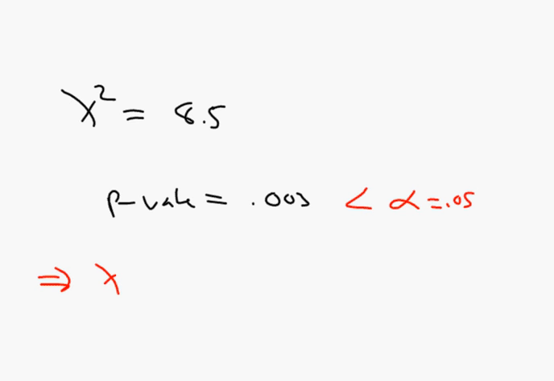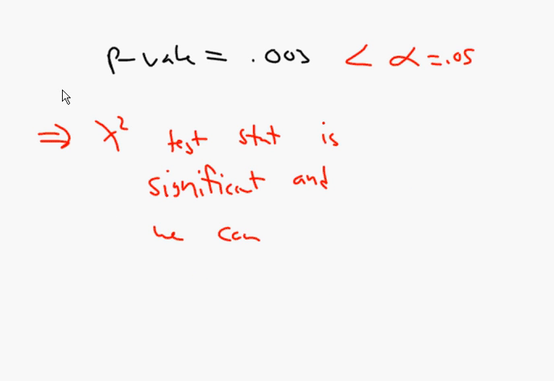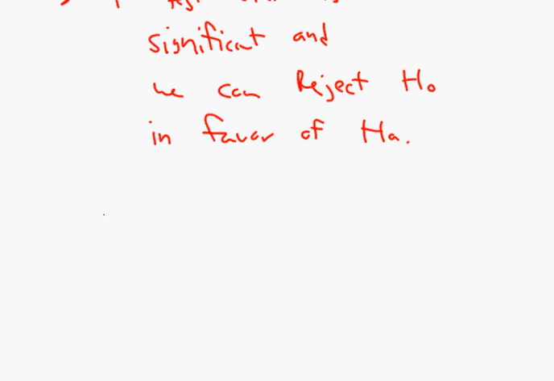So that implies our chi-squared test statistic is significant, and we can reject H0 in favor of HA. In the context of this problem, what that means is that there is a relationship. In other words, pet ownership and the patient's survival status after 1 year are dependent.